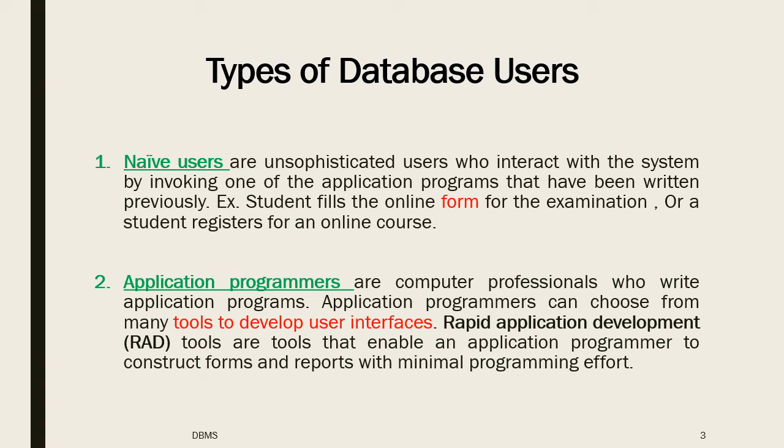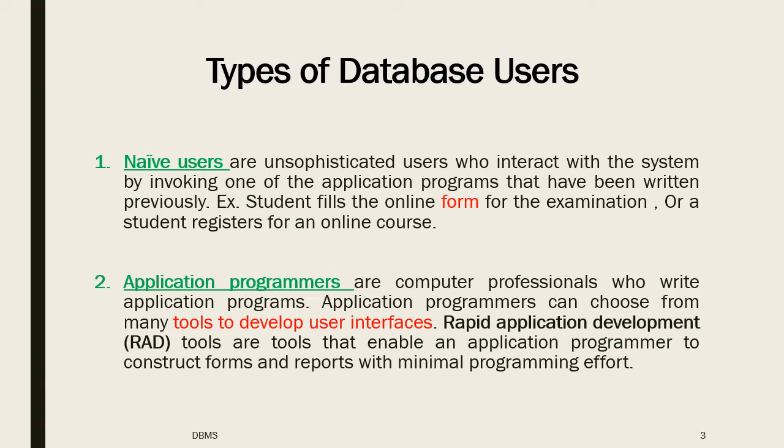Your examination form is already there and you simply have to fill in your details in it. You don't have to do much in it. Similarly, for registering for an online course, only your details are to be mentioned and you simply submit those forms. So you are the naive users who only work with the online forms for submitting the details.